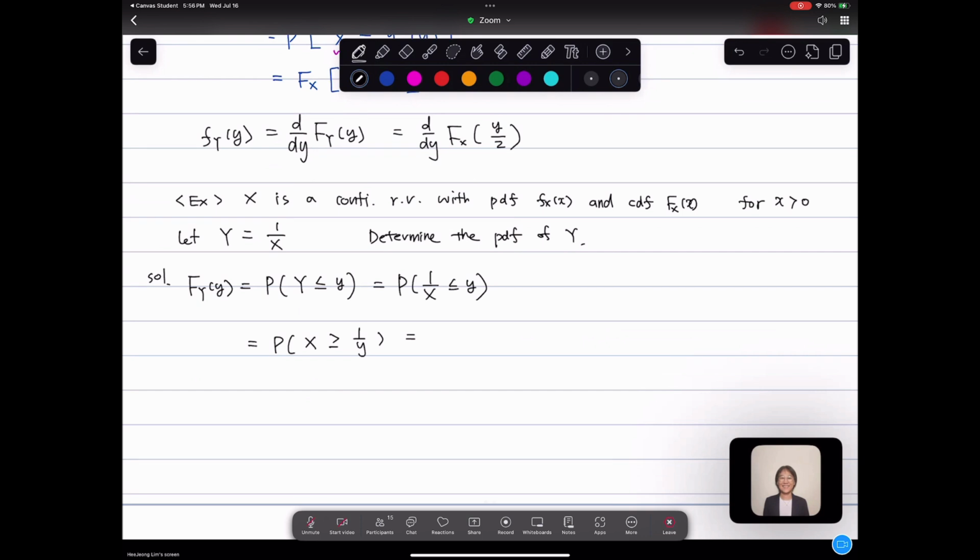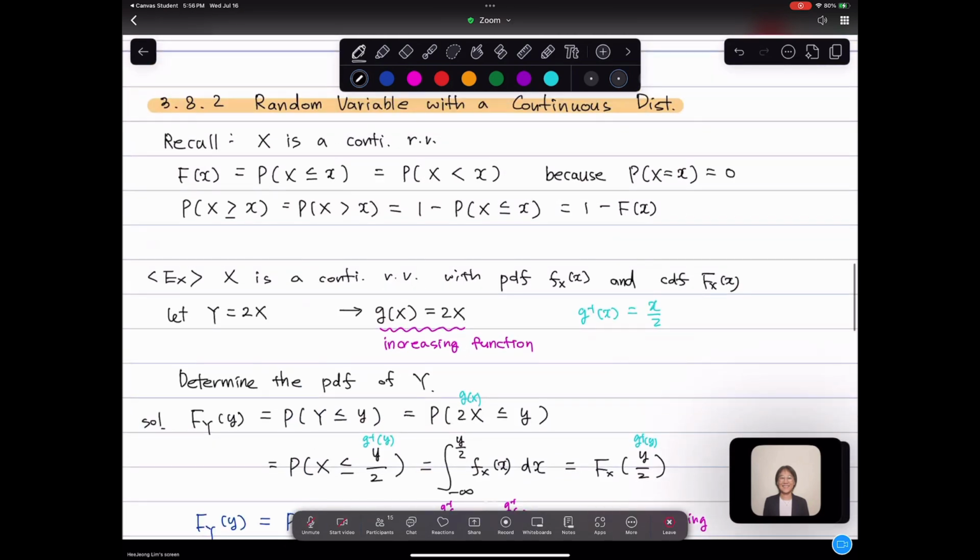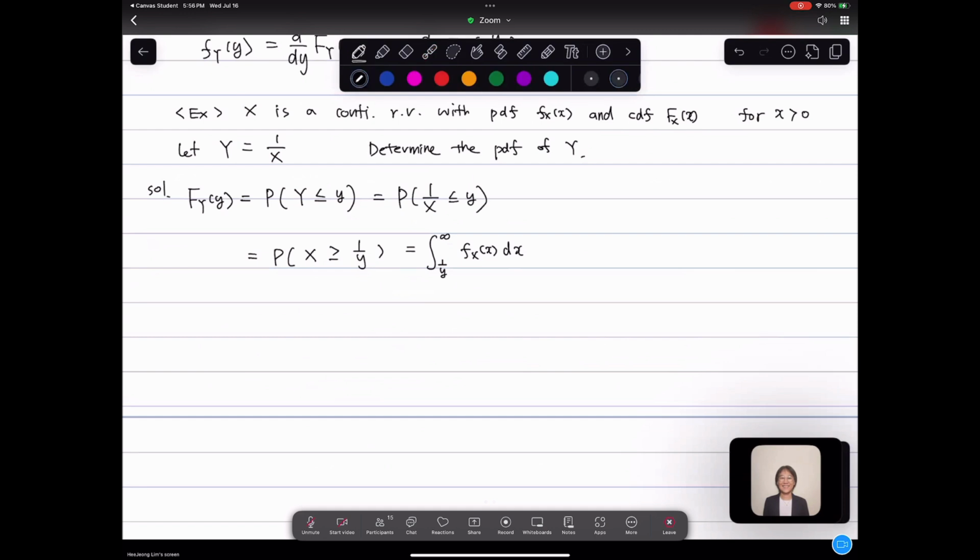So I'm integrating the values from this to infinity for your PDF of X. If X is this or greater, which I saw up here, if I'm interested in X being some number or greater, that's exactly the same as 1 minus F of X, evaluated at 1 over y. So this is it. It's relating your X and Y together.